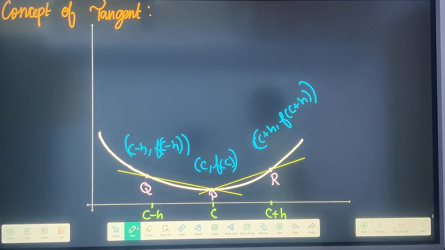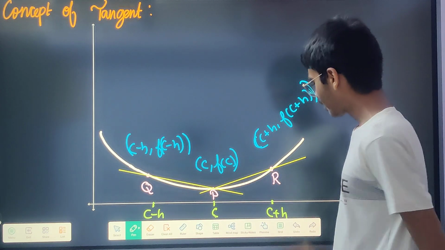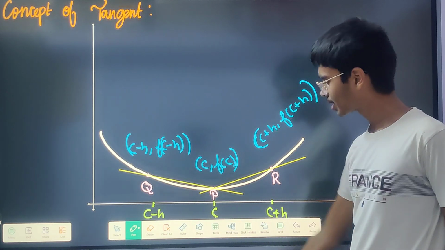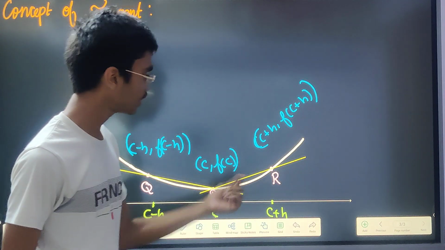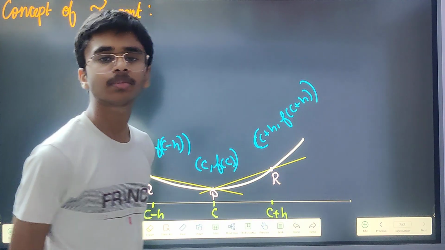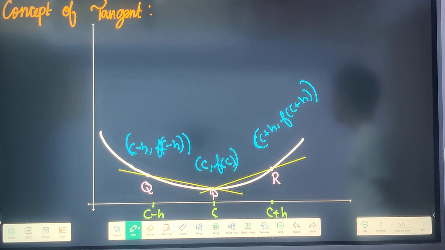Now I've done this animation far better. As I explained, these points are like this, and I'm going to minimize this H distance. That means H is tending towards 0. I will write that later, because if I write now, the animation will be over.